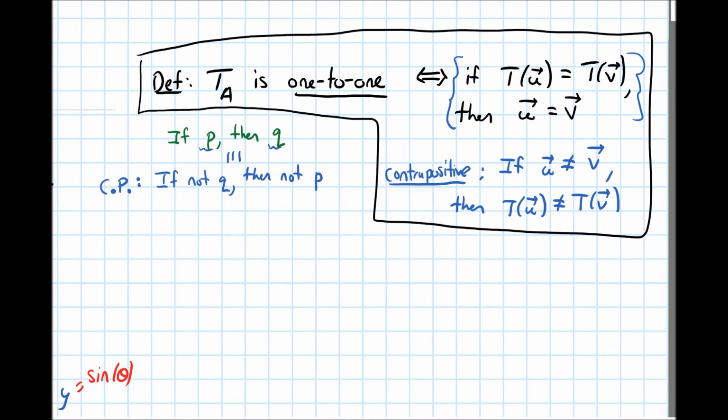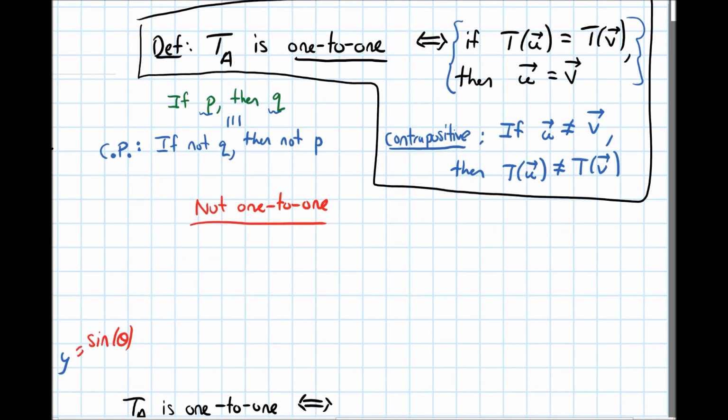So I know this may still be a bit abstract, so let's draw a picture to help us visualize what this is saying. It's easiest for me to explain what something looks like if it's not one-to-one first. So what does something look like if it does not satisfy this property? Okay, so I'm going to draw a circle to represent my domain, Rn. And I'll draw a circle, an oval technically, to represent the codomain, Rm.